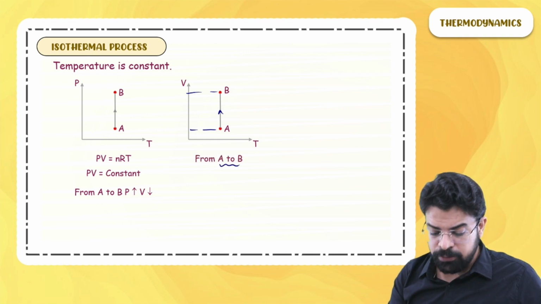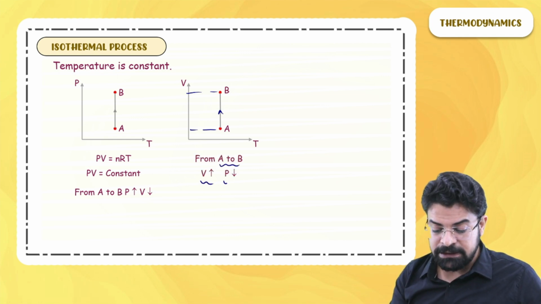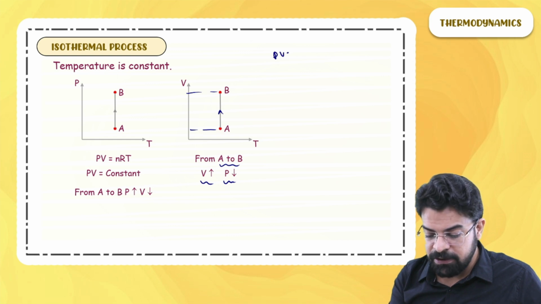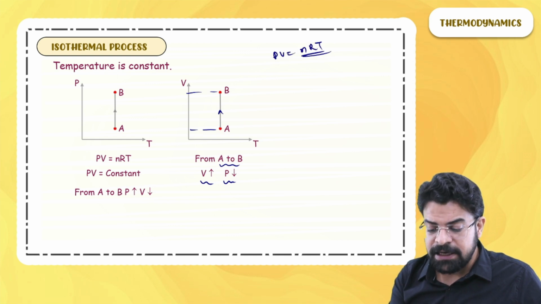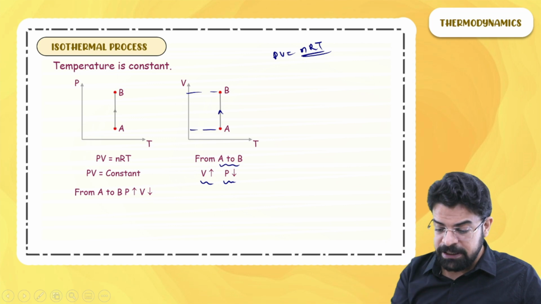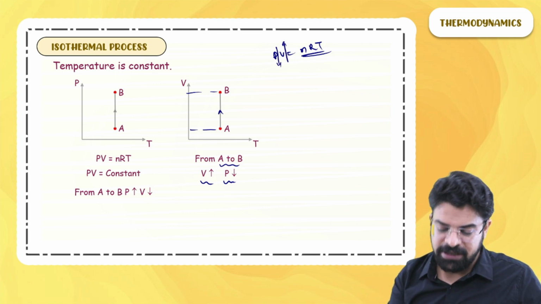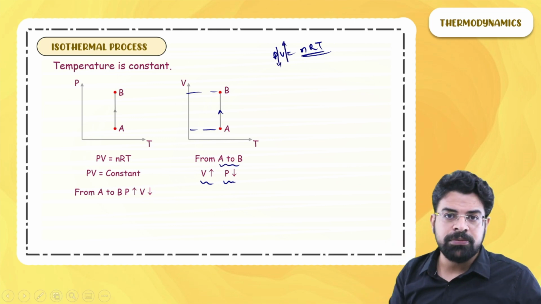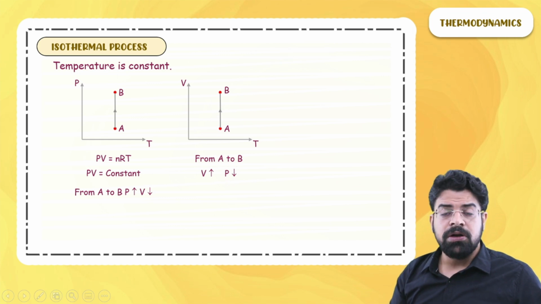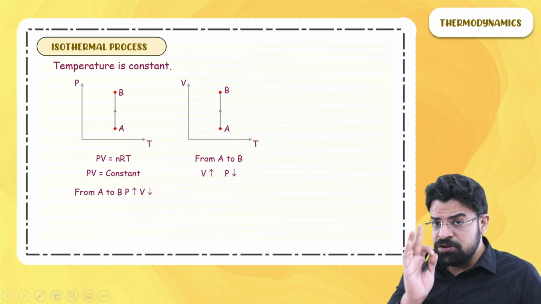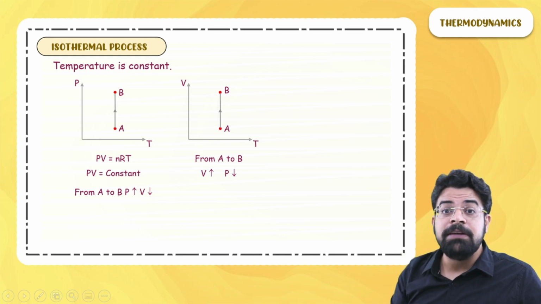So from A to B, as the volume increases, the pressure should decrease. Why? Sir, PV equals nRT, the right hand side is constant. If the volume increases, the pressure should decrease, because their multiplication has to be constant.